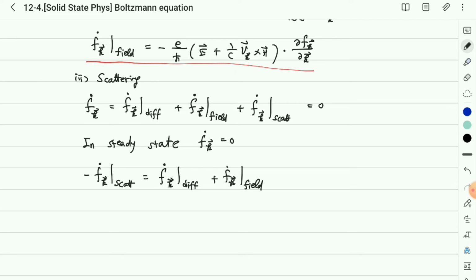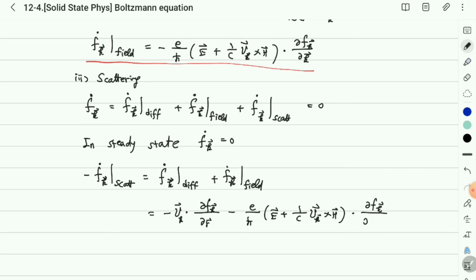When you write this down, it is minus v_k dot partial f_k partial r, and minus e over ħ times (E plus 1 over c v_k cross H) dot partial f_k over partial k.